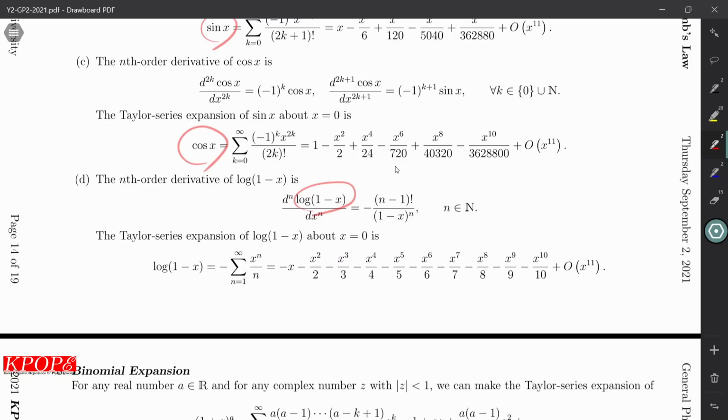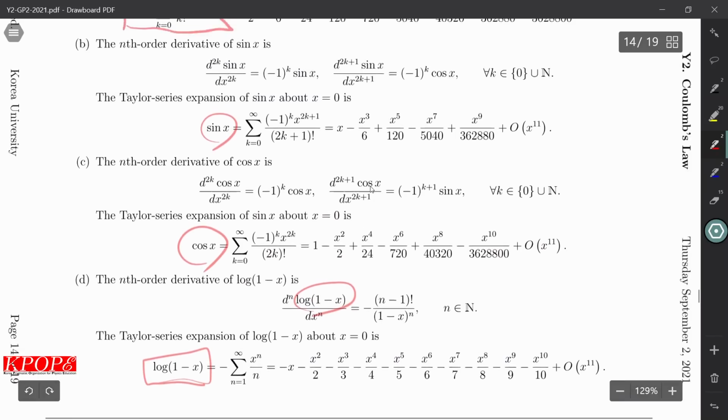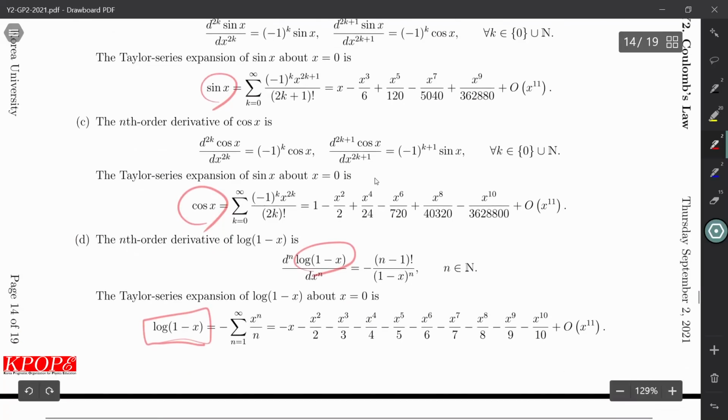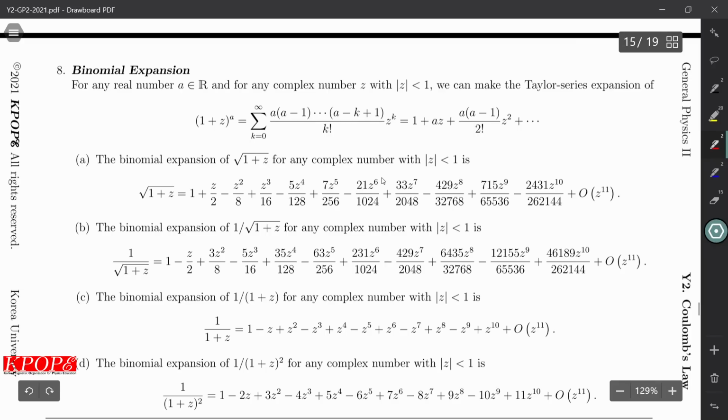Instead, it's good to expand the log function as log of 1 minus x or 1 plus x. You must be familiar with the Taylor series expansions listed on this page. Very, very important in physics and many other fields.